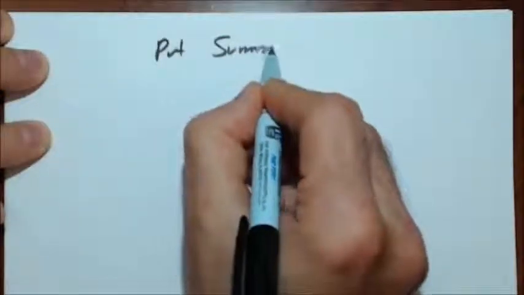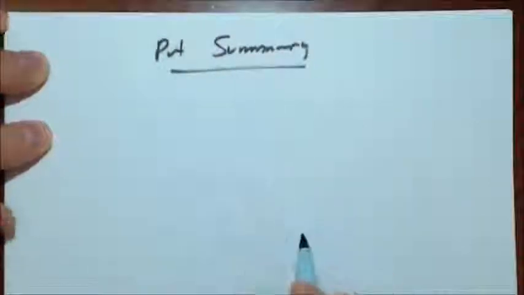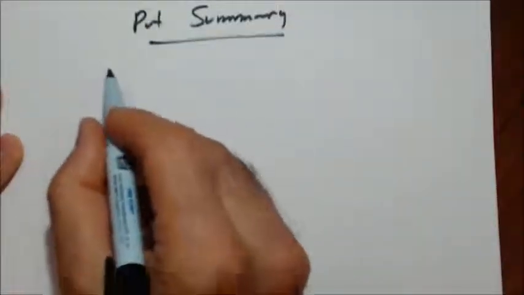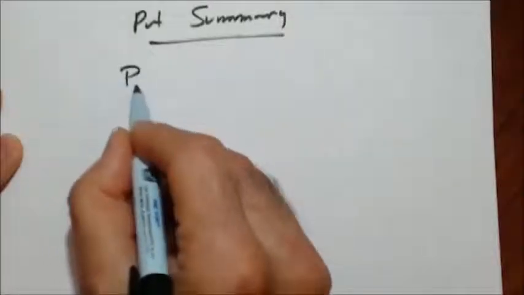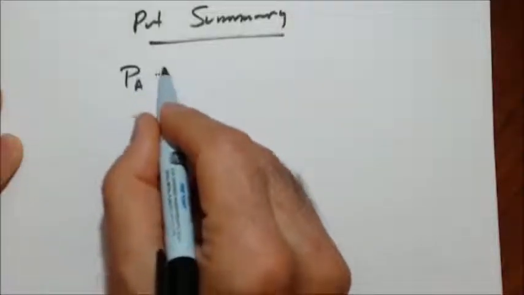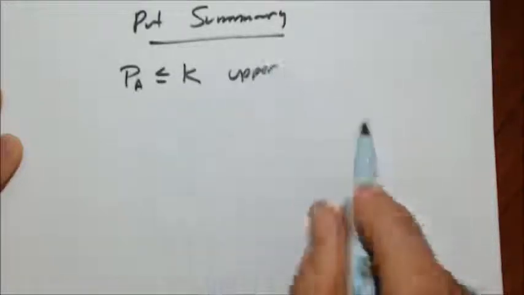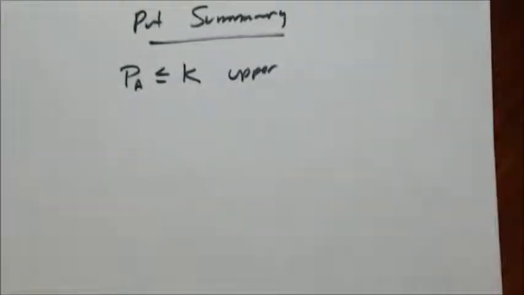Okay, now let's summarize the put scenarios. Put summary. We know that an American put is going to be less than or equal to K. That's going to be the upper bound. Why? Because it's an option.